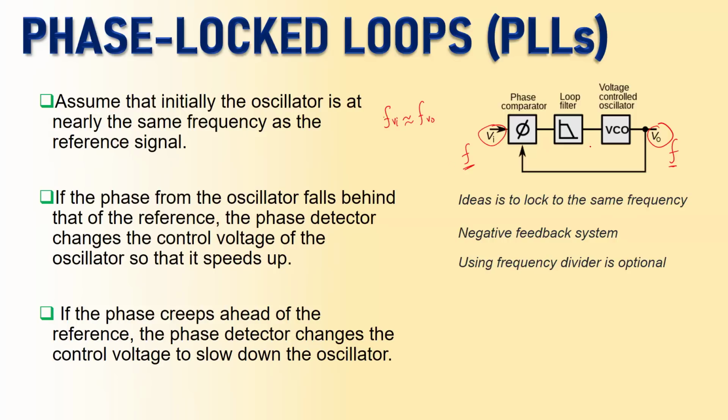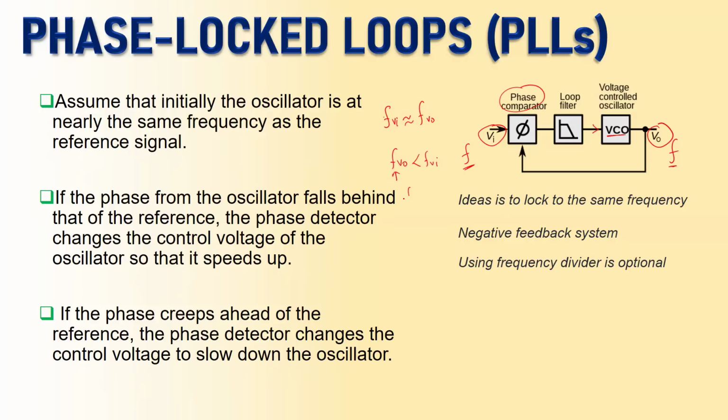So if, let's say, the FVO right here becomes less than FVI, then the phase detector's job is to change this control voltage in such a way that the oscillator's frequency gets increased.